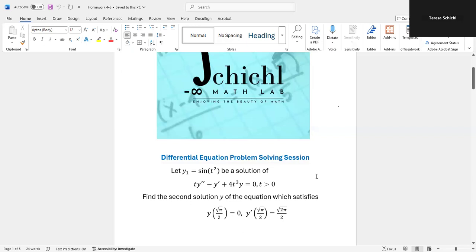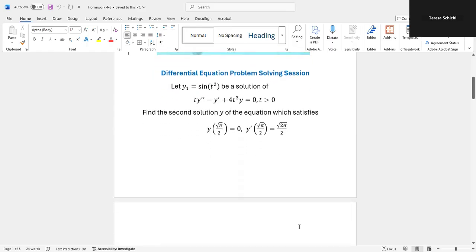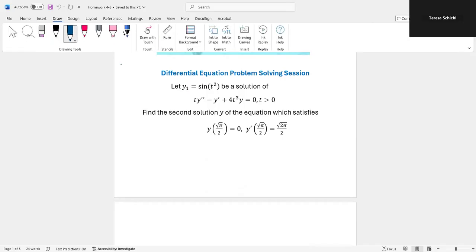Now I want to find the second solution of the equation which satisfies this initial condition. The approach I'm going to use here is Abel's formula.